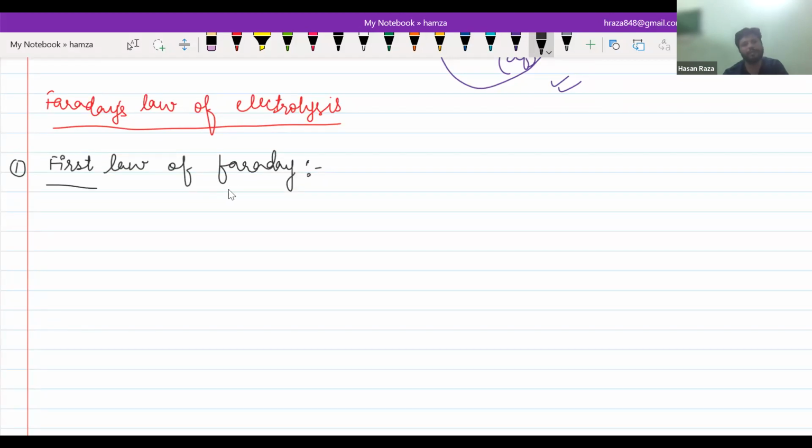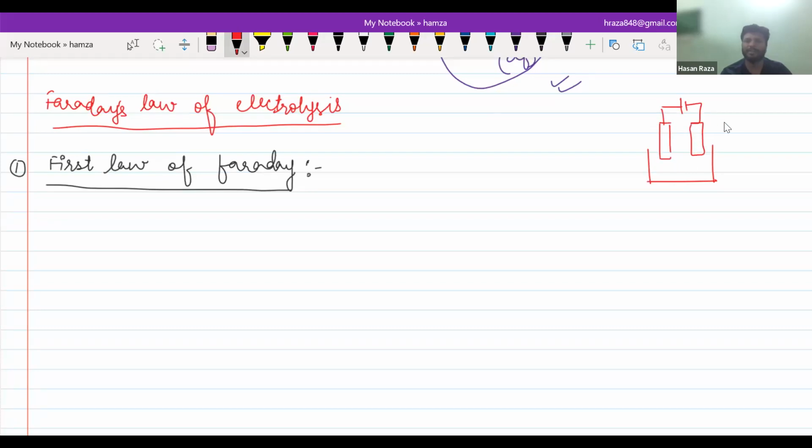So this is very easy. Since we have seen in the electrolytic cell that electrical energy is given, you can see in the diagram that there will be electric current. That means there will be charge also.